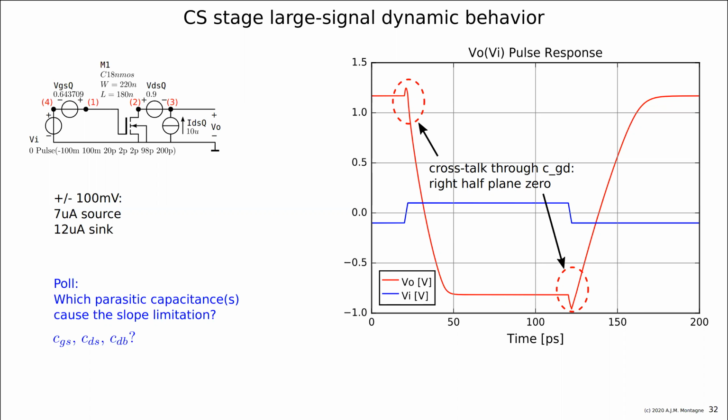Then we have the other two. I don't know how this is in the poll, but the other two are right. So it's both CDS and CGD, because that is what the output has to charge and discharge. There's a capacitance between node 2 and 1, and between node 2 and 0. Those are the capacitances that we are talking about.